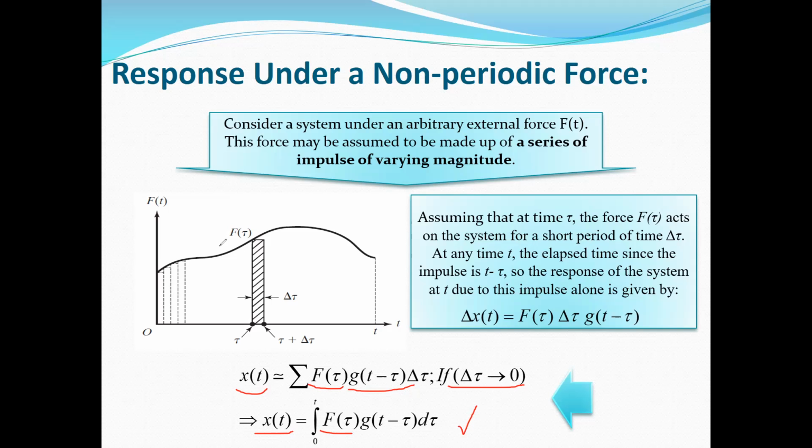Here you can see that F(t) is not periodic or harmonic, but we can obtain the response to any type. We only need the general form of this F(t). I mean, you should find a function which is fitted to this curve. For example, by using the curve fitting method, you can find that F(t) is, for example, a polynomial of order 5.